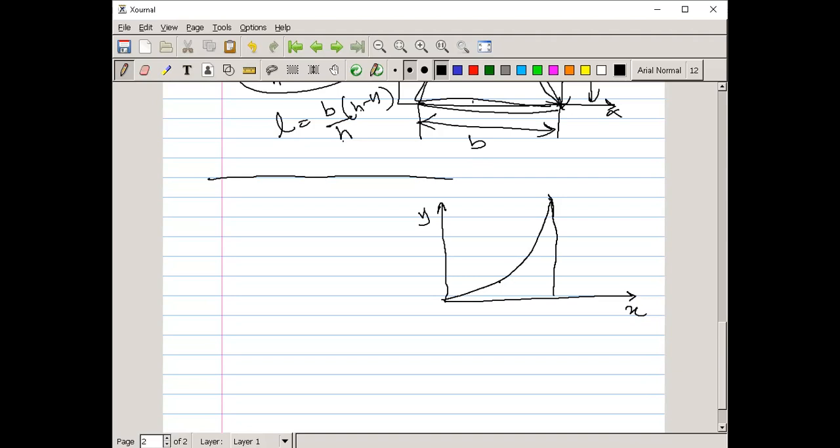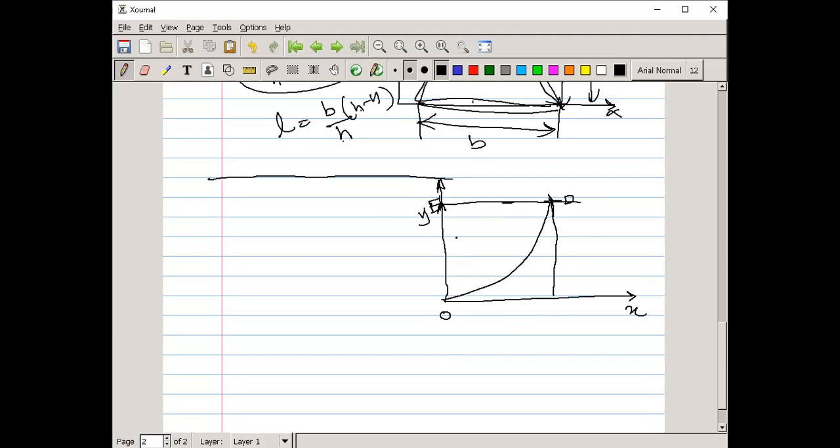Draw yourself also. Suppose this is an area and name it O, D, and this portion take as E, and this is X, this is Y.